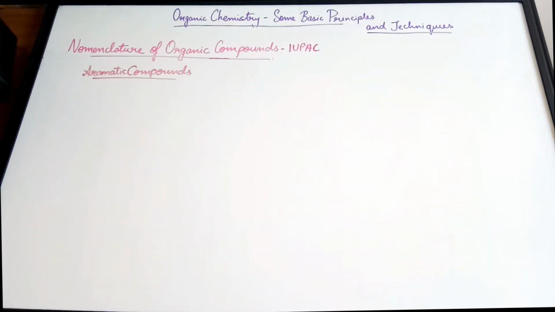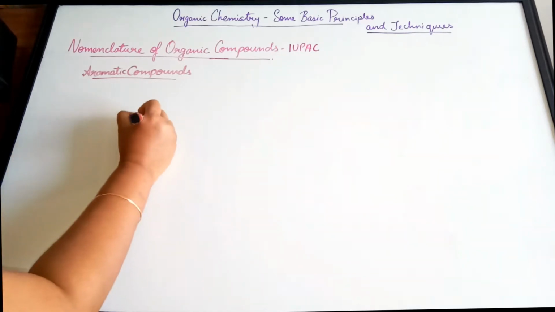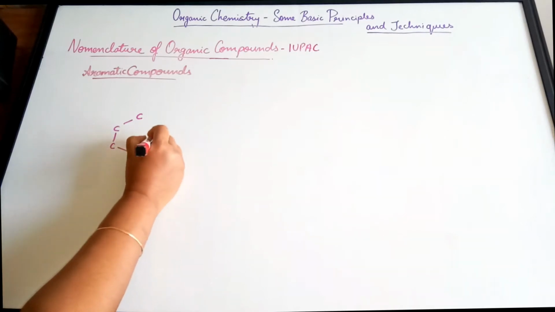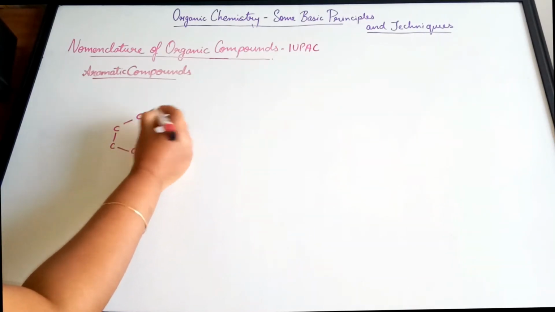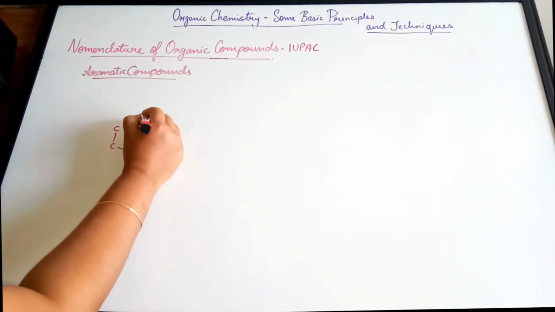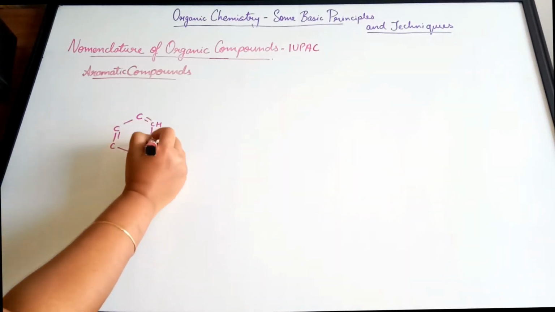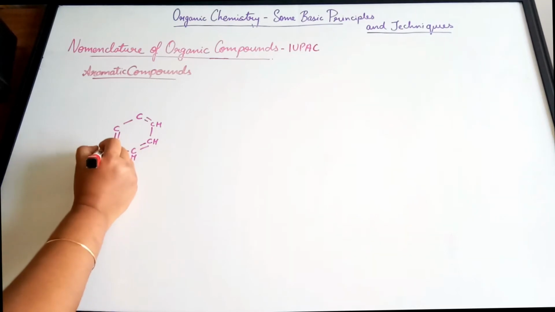So benzene consists of two parts. First, it has the nucleus. The nucleus consists of 6 carbon atoms. So this is just a cyclohexane with alternate sets of double bonds.